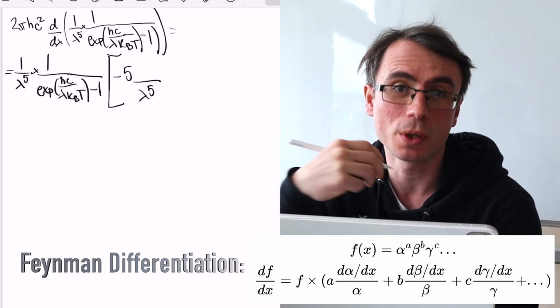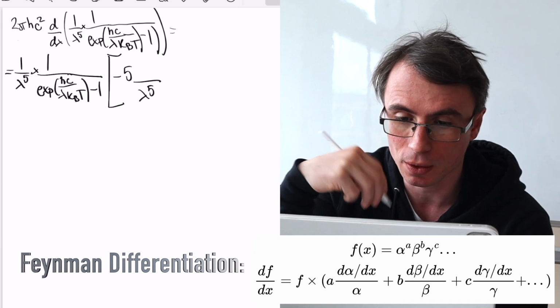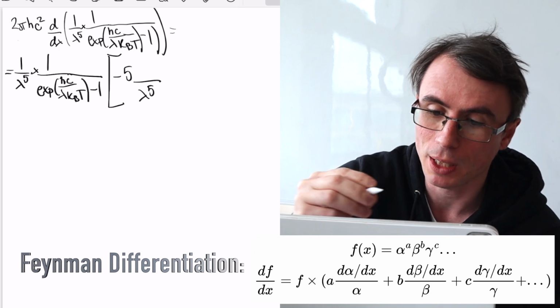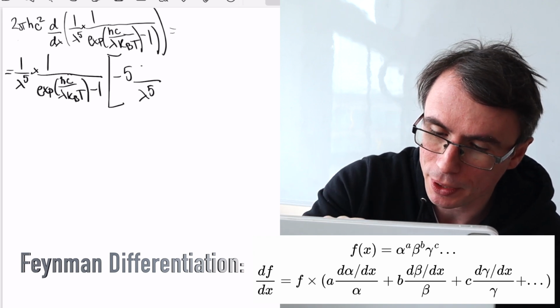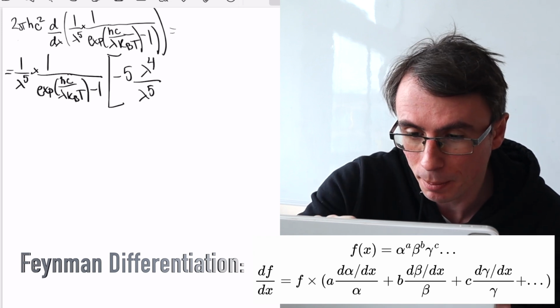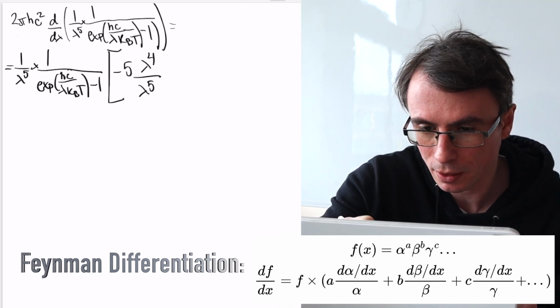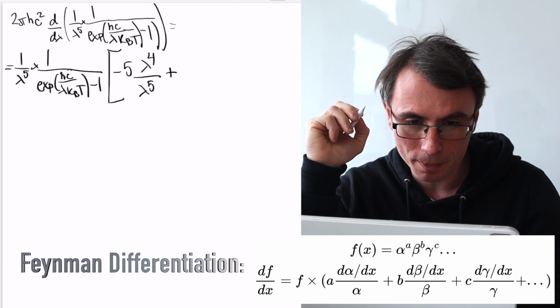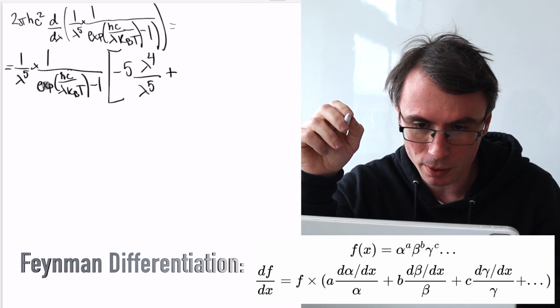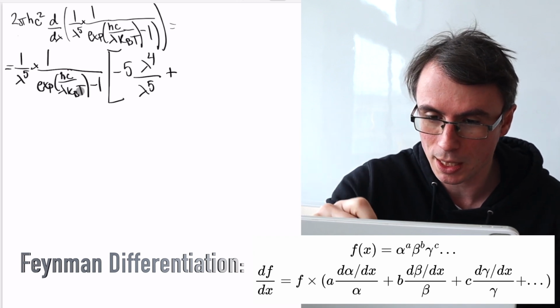at the top, we're just going to differentiate it. So the derivative of lambda to the power of 5 with respect to lambda is just lambda to the power of 4. Then we're going to add our next multiplier. So this here is going to be plus. Now, the one here we can ignore because this derivative will end up being 0, but the exponent of this has a power to the -1.